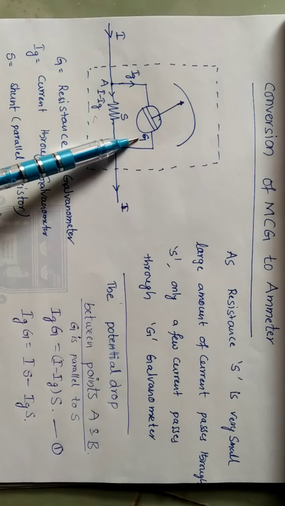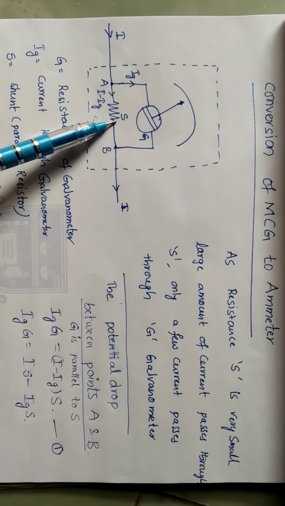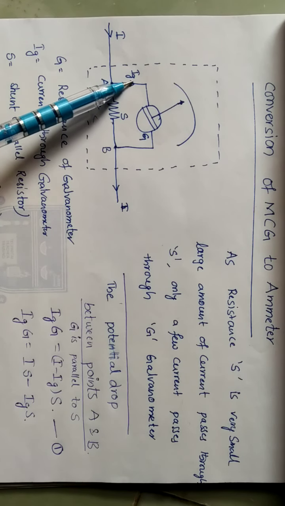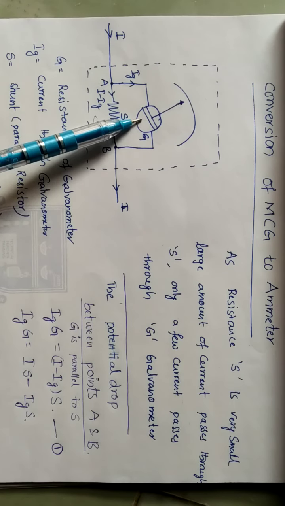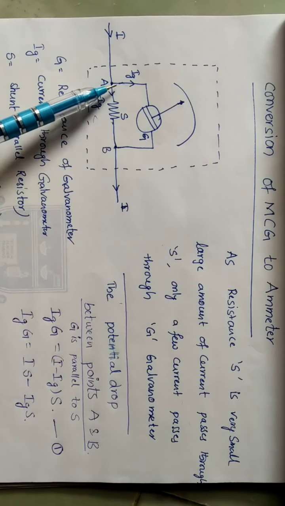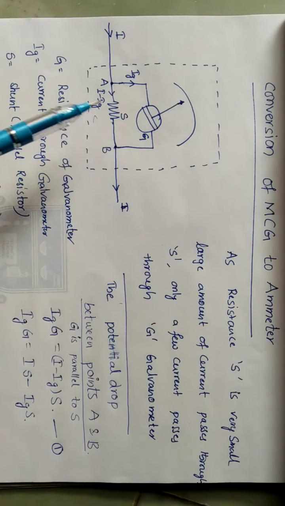Compared to the galvanometer resistance, the shunt is very small. Because of this small resistance, a large amount of current flows through S, allowing only a small amount of current through the galvanometer, keeping the galvanometer safe as well as measuring the incoming current.